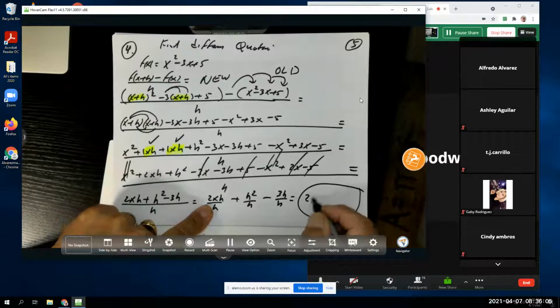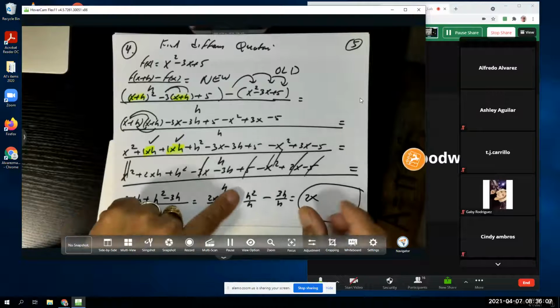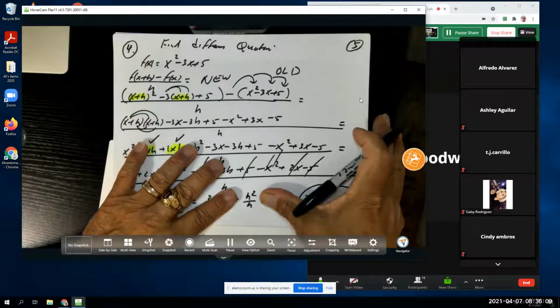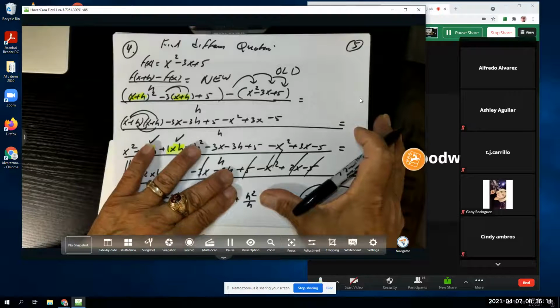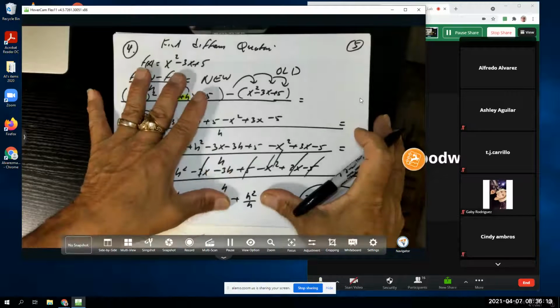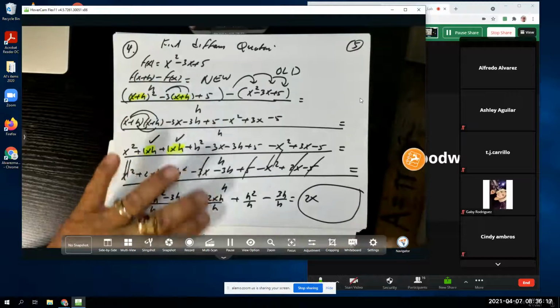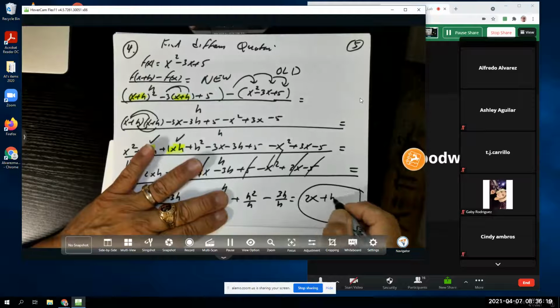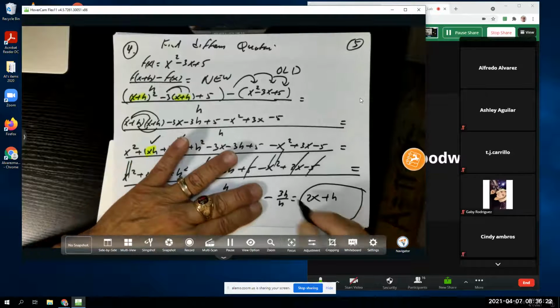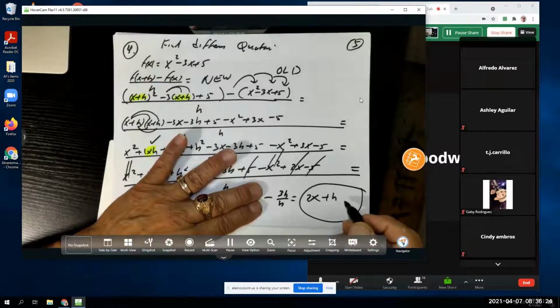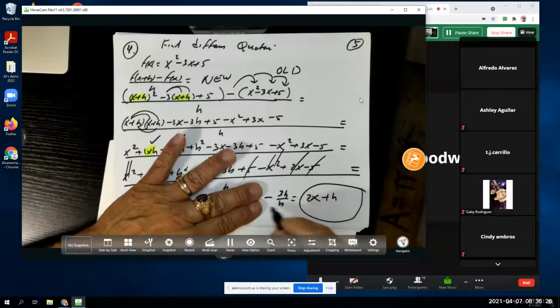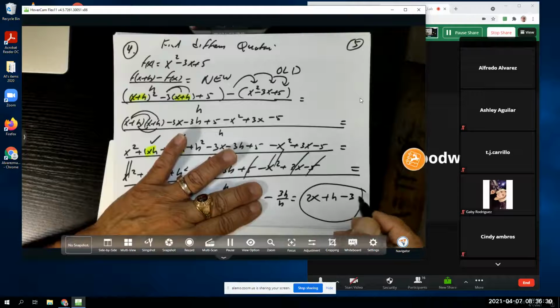Yes, 2x. And h squared over h, can that one reduce also? What do you think? H squared over h becomes what? H. And the last one, negative 3h over h becomes what? Negative 3. Yeah, that's it.